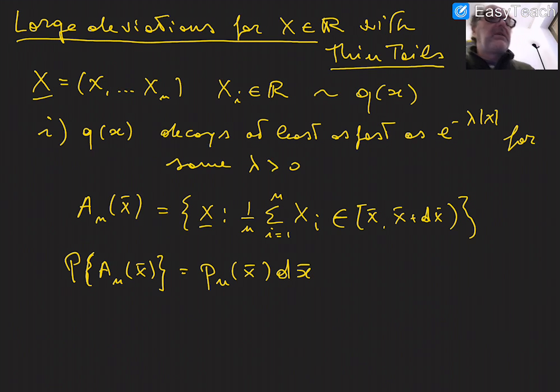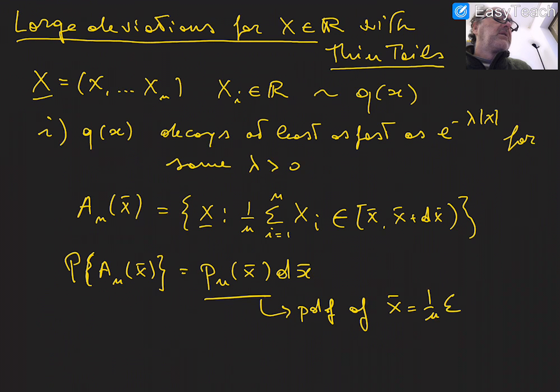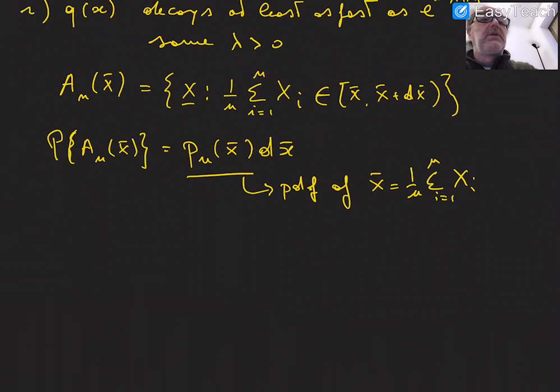And this Pn of x is the PDF of the random variable x bar, which is 1 over n sum over i of the xi. I want to compute what is the form of this PDF. So the way to do this calculation is rather straightforward.